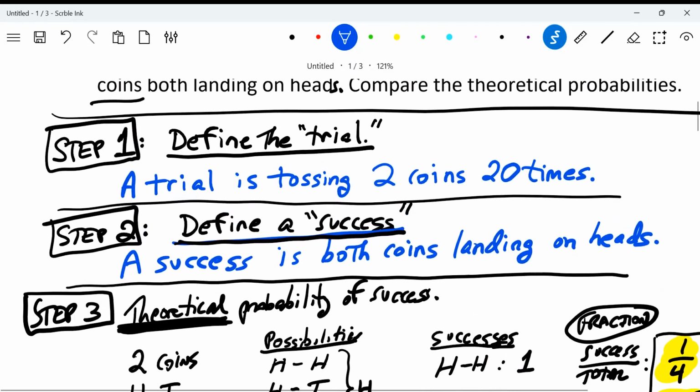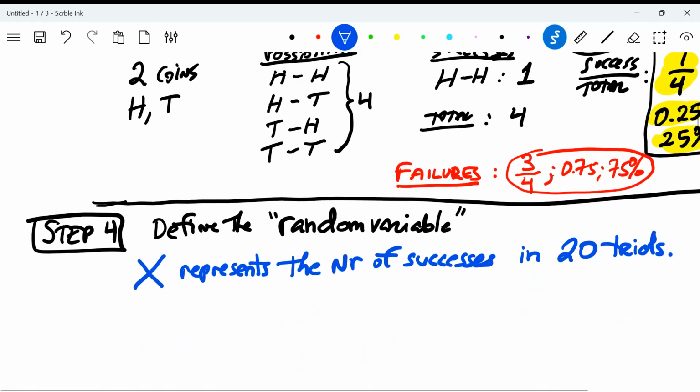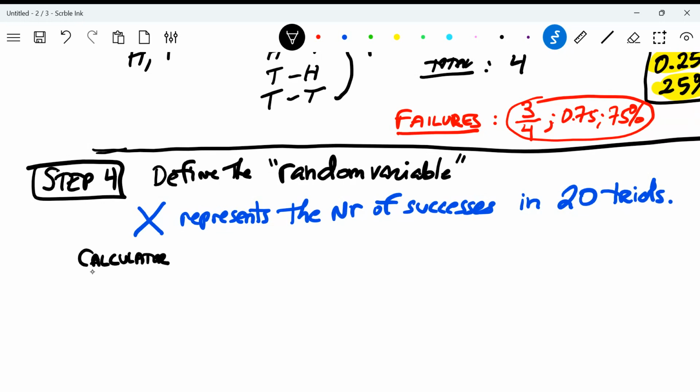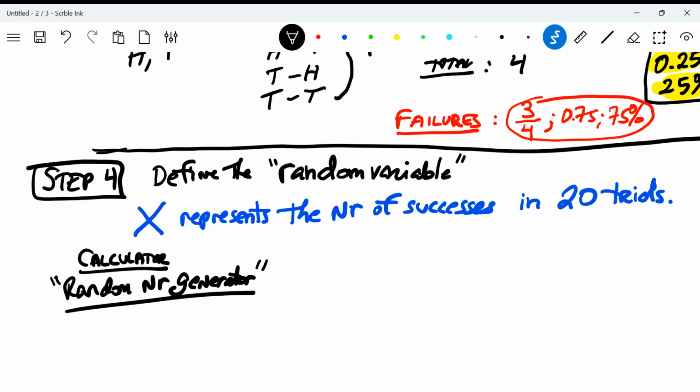So remember, a trial is tossing 2 coins, and we do 20 of them, and that's what we're going to do. So we're going to use the random number generator on the calculator. It will give us results as if we were tossing coins.